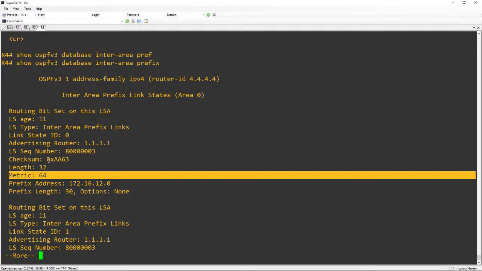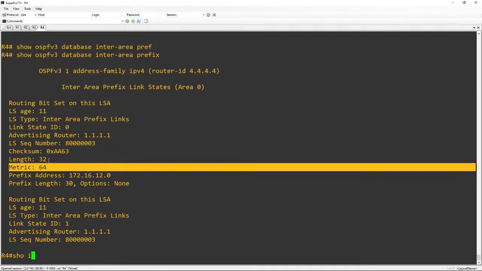I use my type 1 LSA to identify the cost to reach the ABR because the ABR is in the same area that I'm in, and that would have a cost of 10. So the overall path cost should be 74, because Ethernet, 10 to the power of 8 divided by 10 megabits per second, is 10. So the overall path cost is 74.